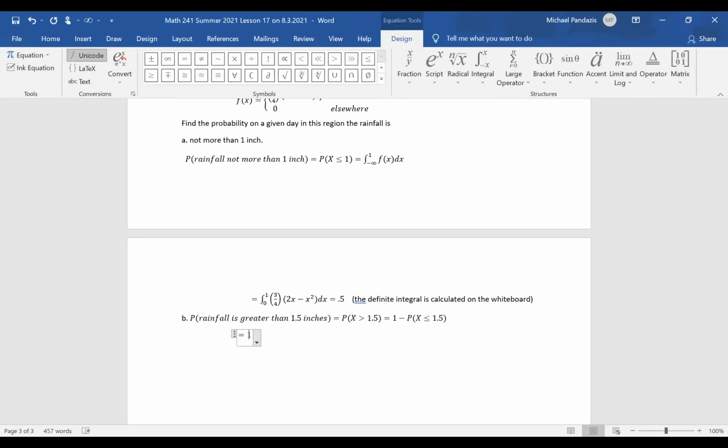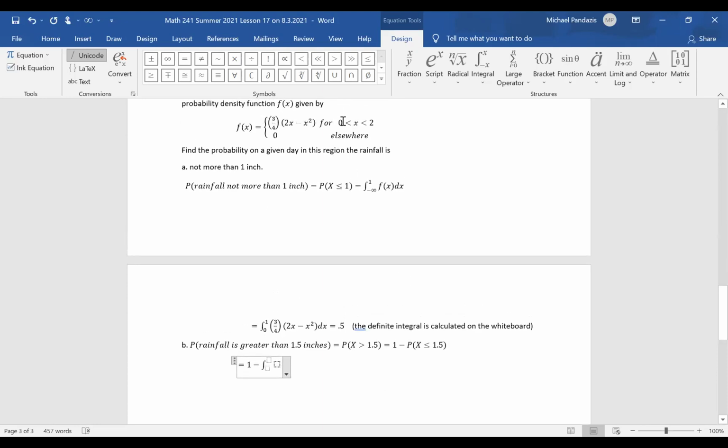Okay, and so that's 1 minus the definite integral representing that probability. Well, remember our PDF is only non-zero between 0 and 2. And so if we're looking at all X values up to and including 1.5, it's really between 0 and 1.5.